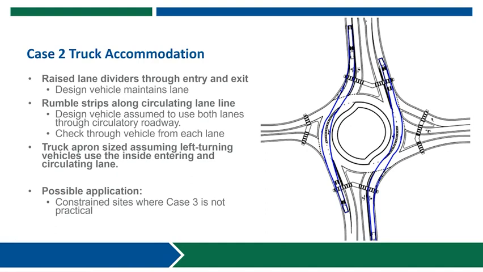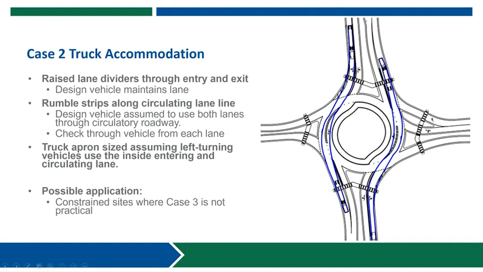At the very least, you may see a design vehicle on the outside lane where the trailer of that vehicle may encroach some into the adjacent lane, tracking over those striped out lane markings. When checking a left turn vehicle, we would typically assume that vehicle will use the inside entering and circulating lane, and that is going to be used to size our truck apron.